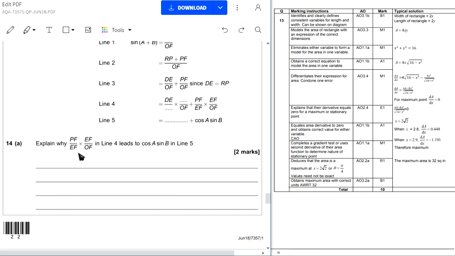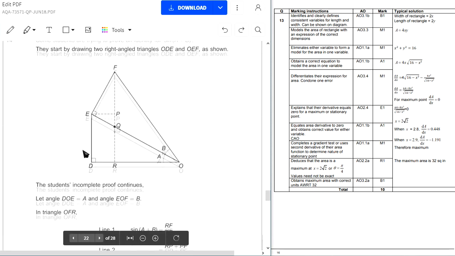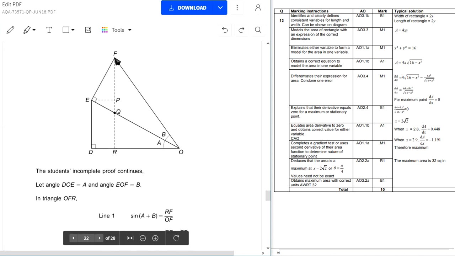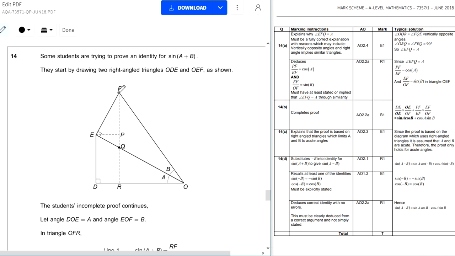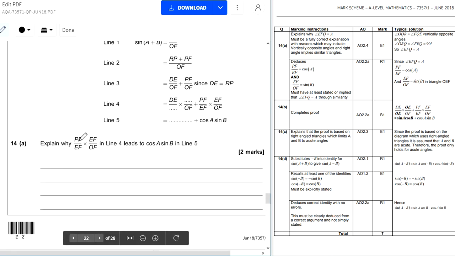So PF over EF, what is that? We're considering this triangle, and we've got some measurements in there. Now, this is likely going to be some sort of trig ratio because it's two sides divided.